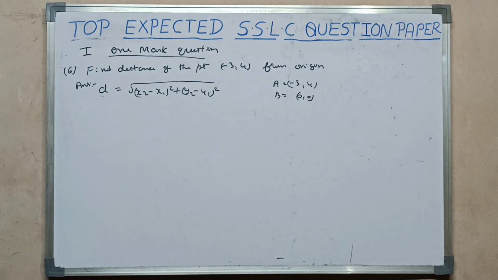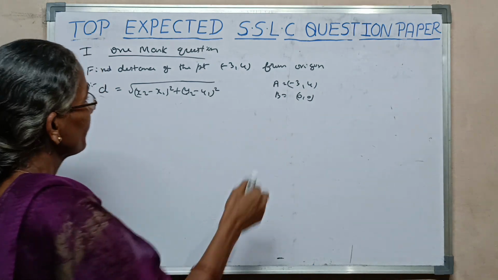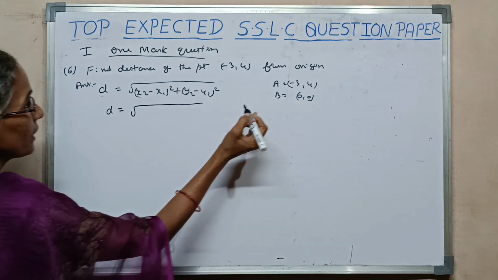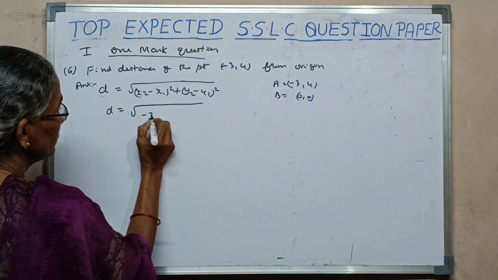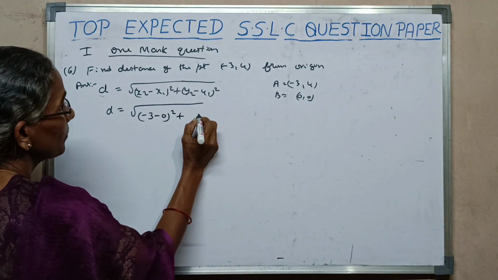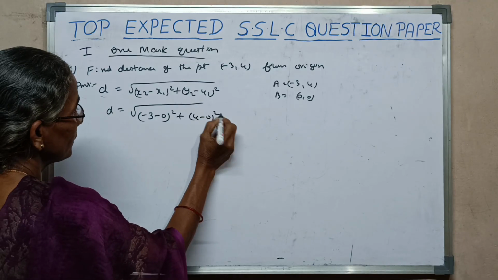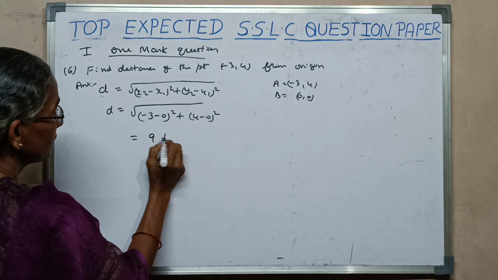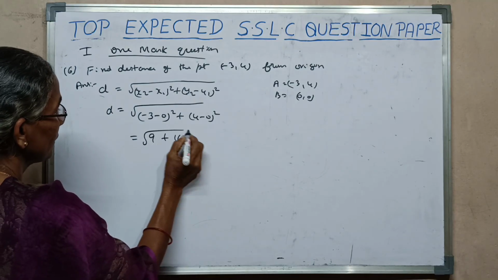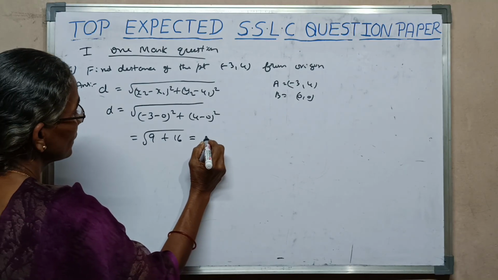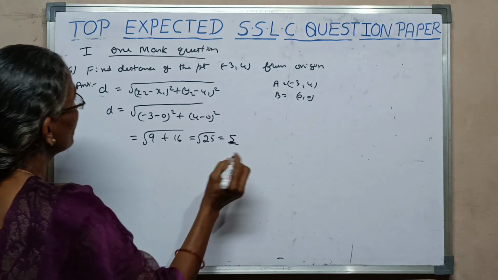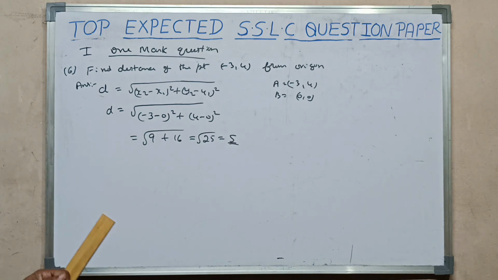So find distance between 2 points A and B. So d equal to square root of minus 3 minus 0 square plus 4 minus 0 square, that is minus 3 square is 9, 4 square is 16, it is 16 plus 9 is 25, square root of 25 equal to 5. So distance of the point minus 3, 4 from origin is 5.